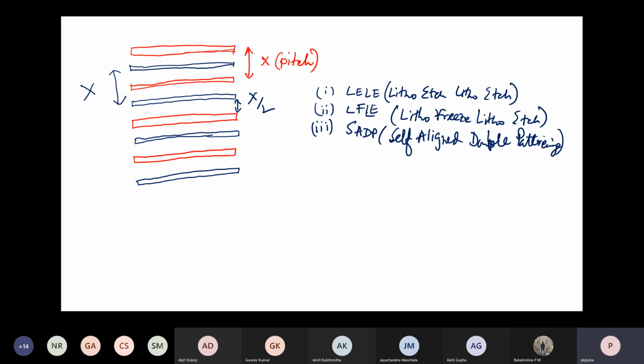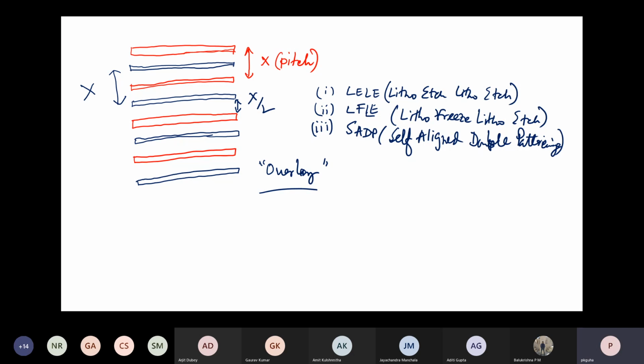So one of the crucial things in this is known as overlay. What is overlay? Overlay can be defined as the positional accuracy with which a new lithographic pattern prints on top of the existing pattern on the wafer. Because we have these red lines, and then we write a set of blue lines, not exactly on top, but while the red lines existed, we have written these blue lines.